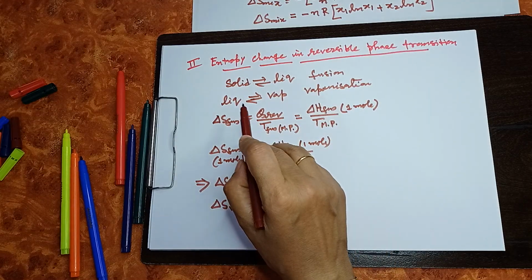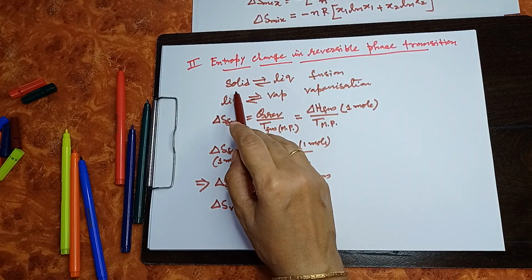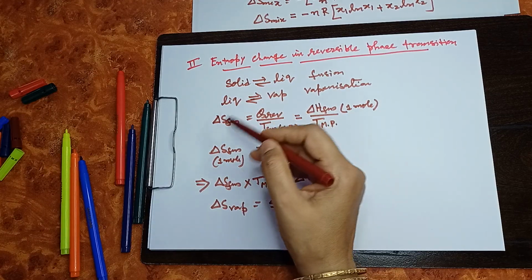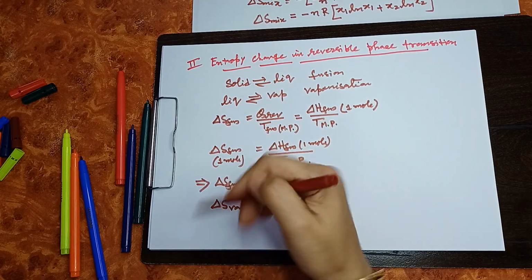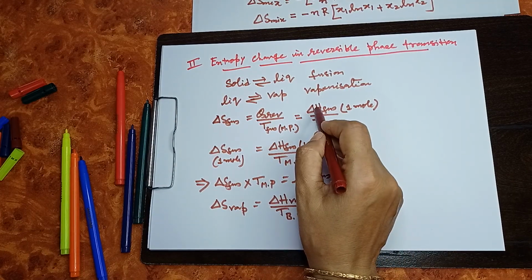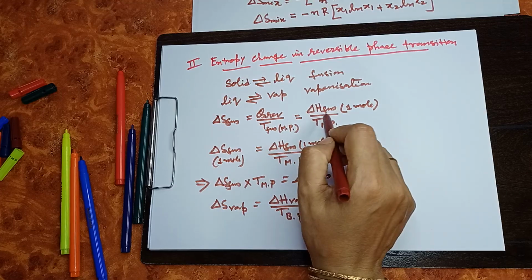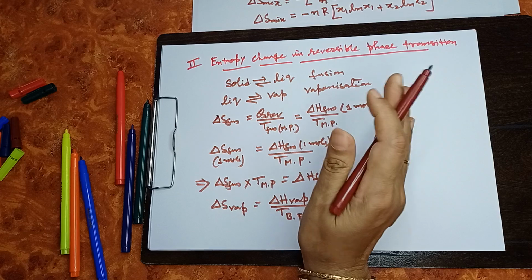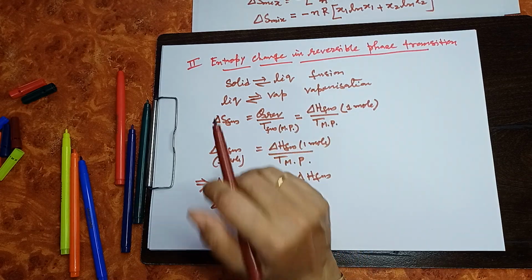But in the reverse process, that is liquid to solid, freezing, or vapor to liquid, condensation, heat is released. Heat released means Q reversible is negative. So it is minus delta H freezing, the enthalpy of freezing. As it is minus, this entropy change is negative.